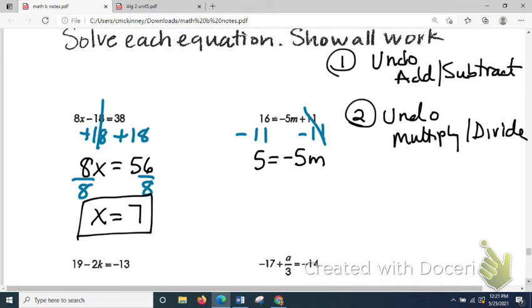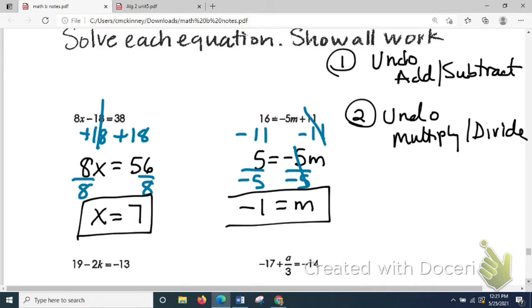Then we can divide both sides by negative 5. So I get negative 1 is equal to m. All right, so those are two-step equations. And then we have a couple more two-step equations that we're going to look at.